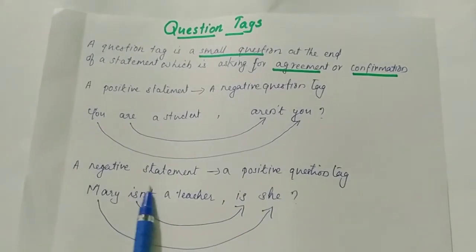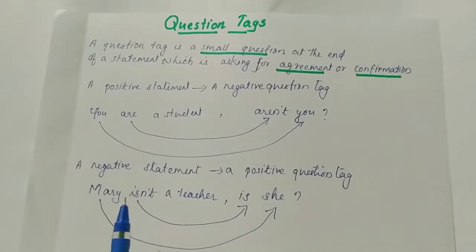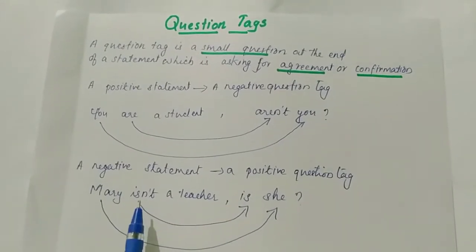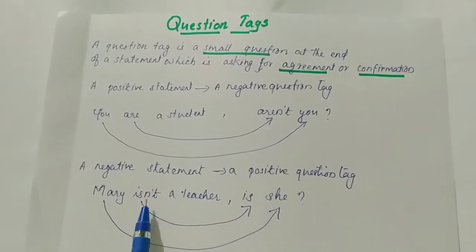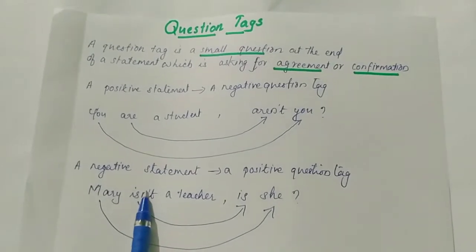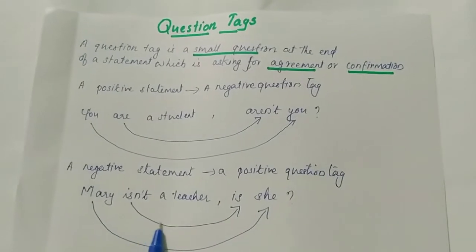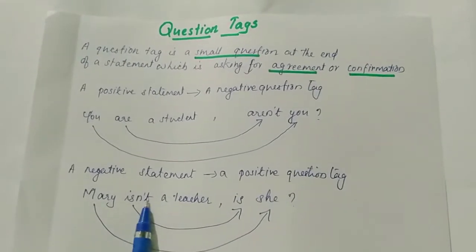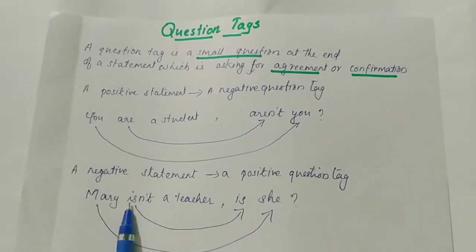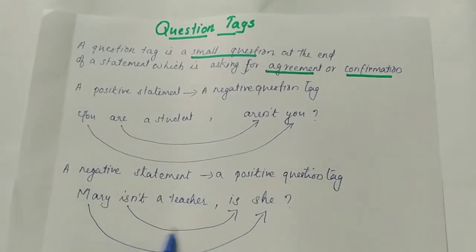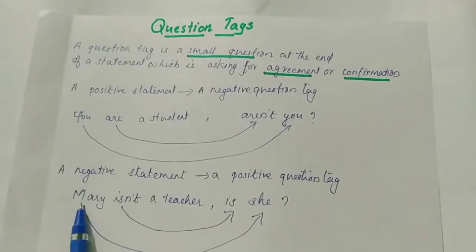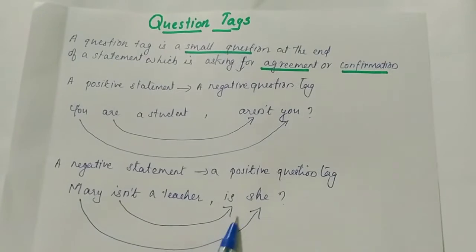Find out the auxiliary form. If the sentence is a negative statement, remove the not from that auxiliary and write the positive. If you remove not from isn't, what do we get? We get is. We write that here, and then the subject, Mary.